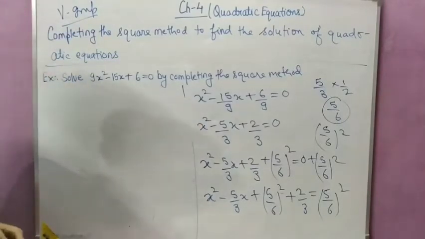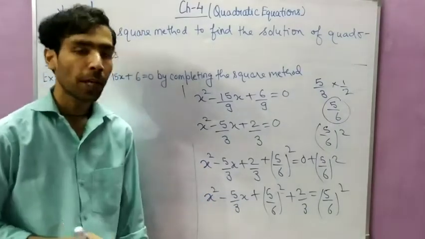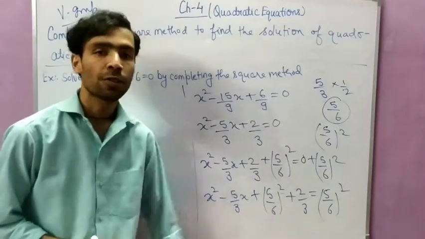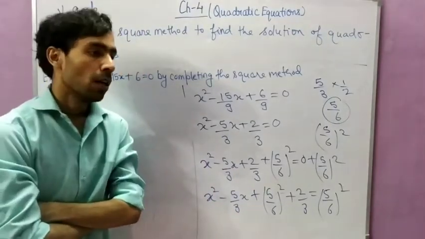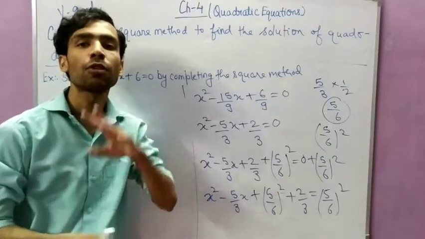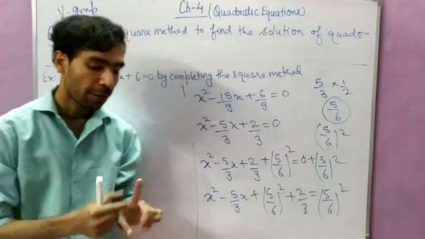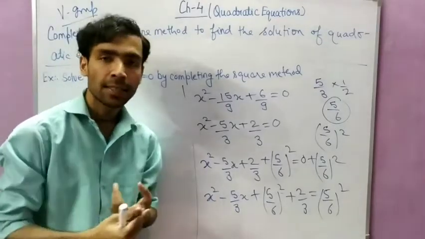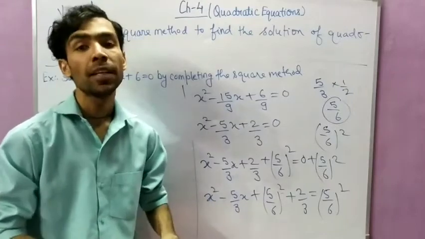Now student, what do you have to do after this? We have added 5 by 6 whole square. After this, we will take 3 terms together in LHS. The first term is the x square term, the second is the x term, and the third is the square term.